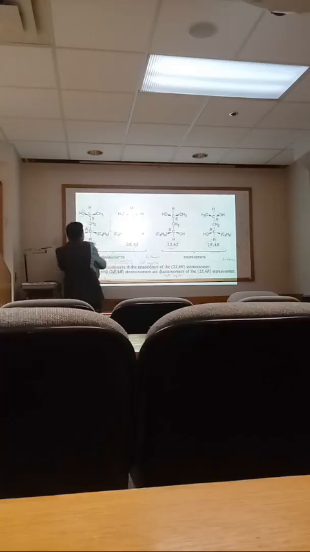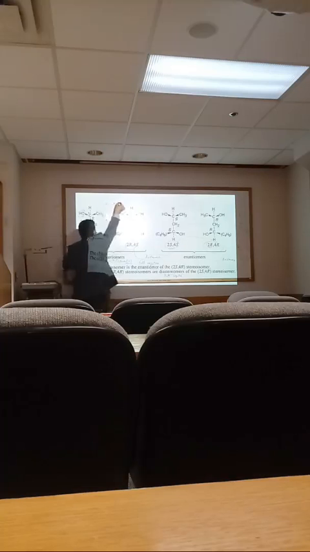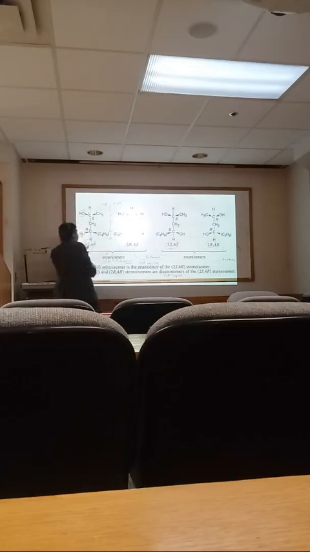The first one is 2S. S, if you draw this symmetric line here, everything this side would be left, everything this side would be right. So on the second carbon, we have it on the left, because sinister in Latin means left. So here, the hydroxyl group should be here, right?